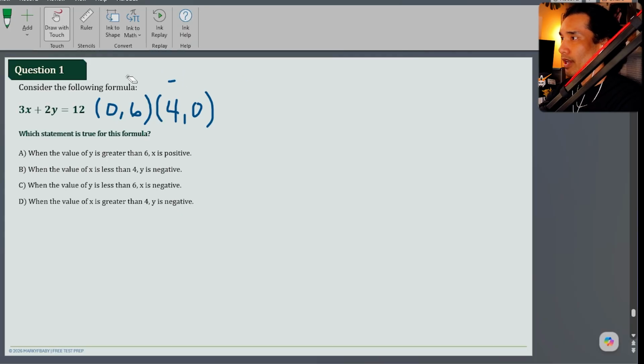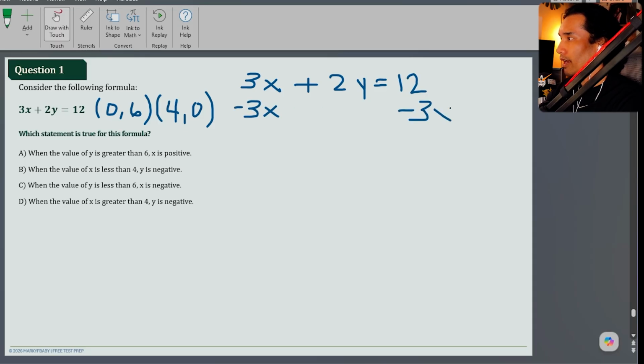So we have the equation 3x plus 2y equals 12. Move the x over, and move the x over again on this side, because what we do on this side, we must do on the other side of the equal sign. These cancel out, and then we have 2y equals negative 3x plus 12.